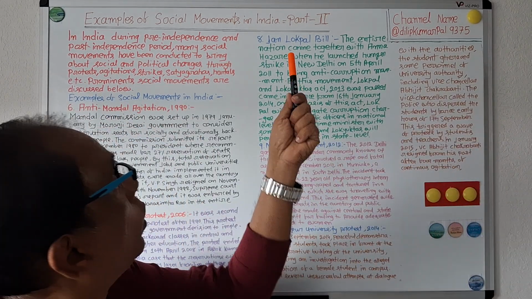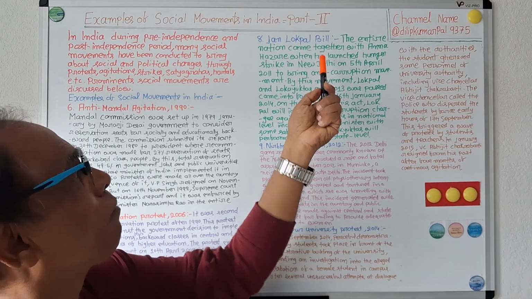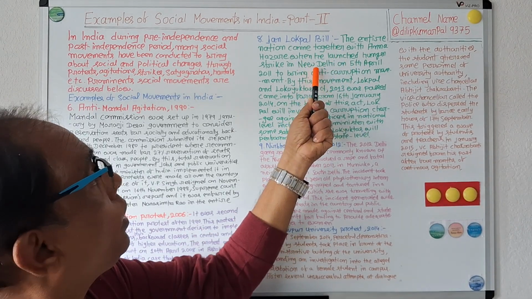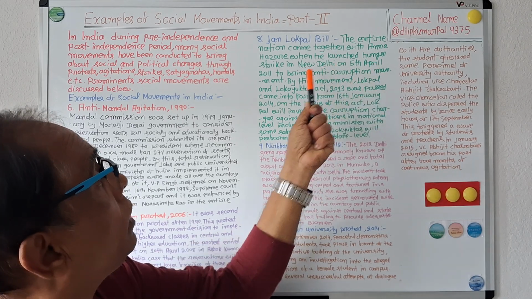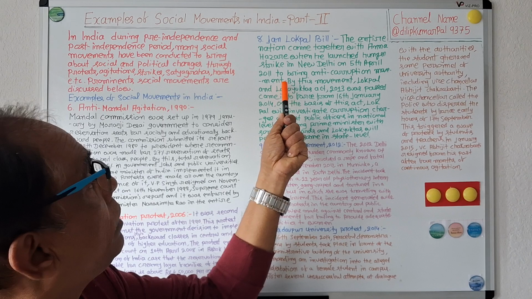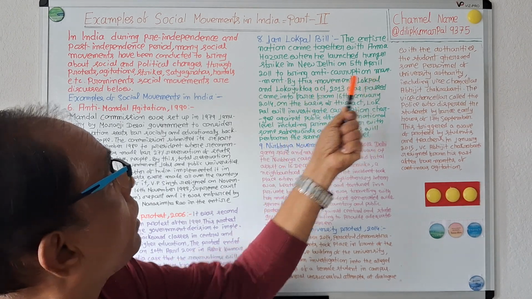Third one is the Jan Lokpal Bill. The entire nation came together with Anna Hazare when he launched a hunger strike in New Delhi on 5th April 2011 to bring about an anti-corruption movement.